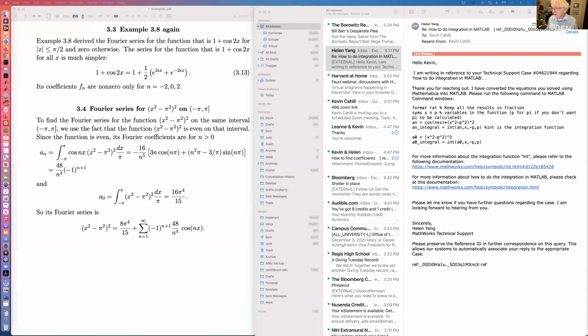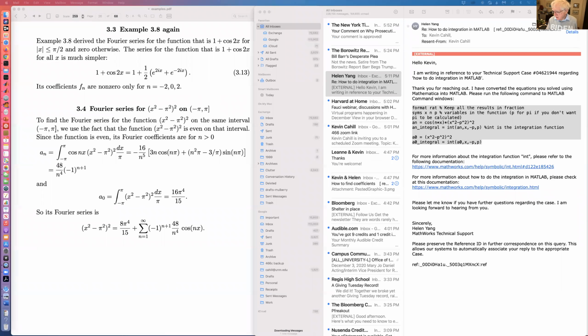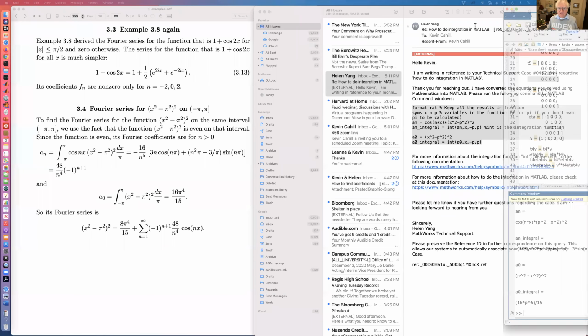And so to do it in MATLAB, we do basically this. Let me just grab what she sent me, and let me just type it in. Okay, oh, you didn't see that, damn it, I'm sorry.